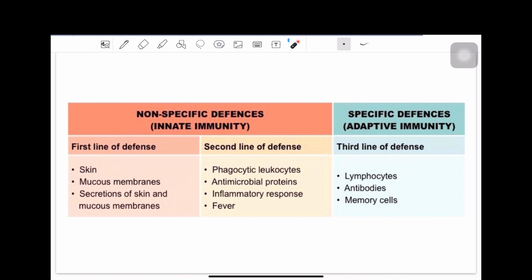The second line of defense is actually formed by the phagocytic leukocytes, antimicrobial proteins, inflammatory response, and fever. So, suppose there is a wound on our skin. If there is a wound on our skin, we know that any pathogen can breach into that wound because the skin is not intact and the skin cannot protect.